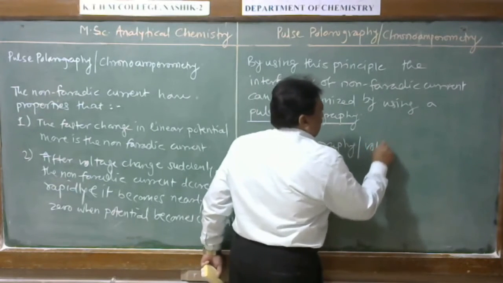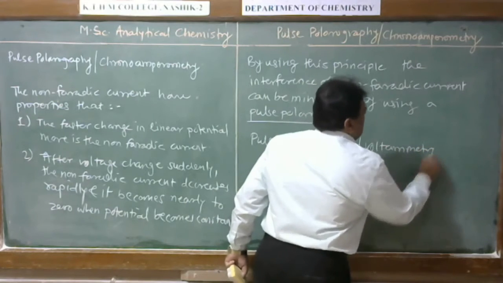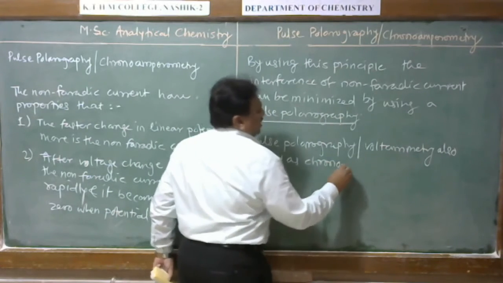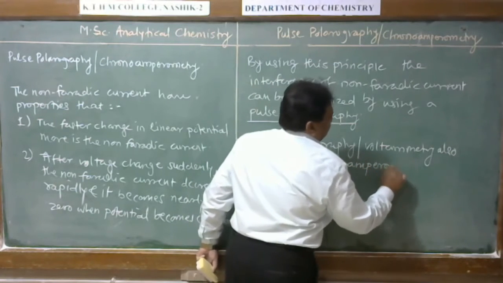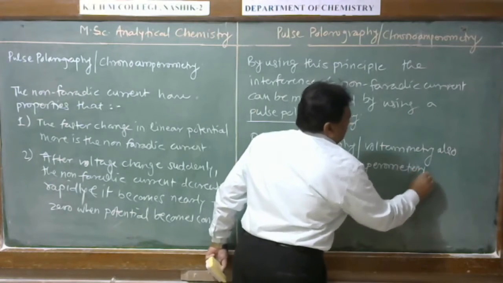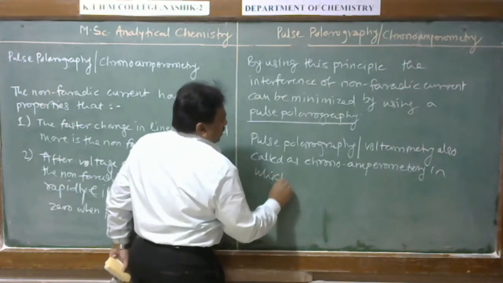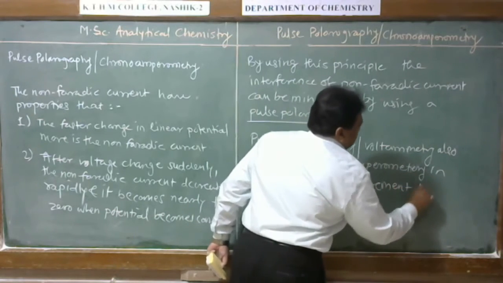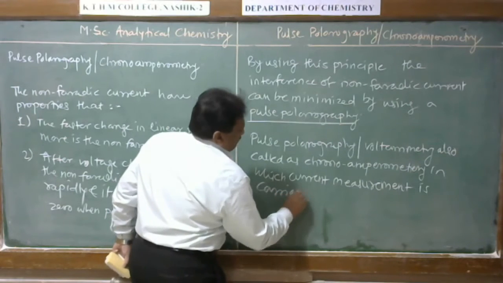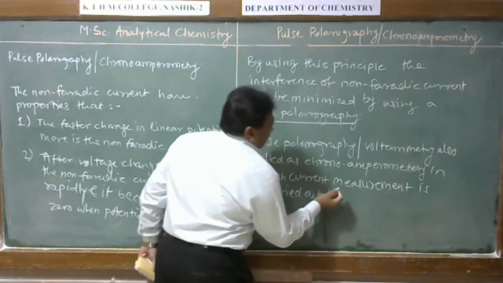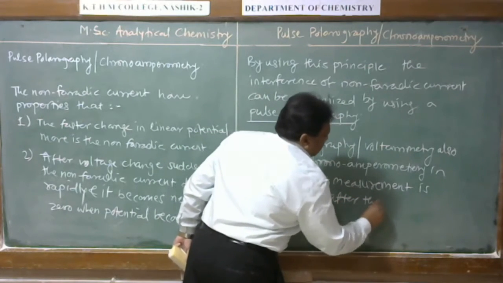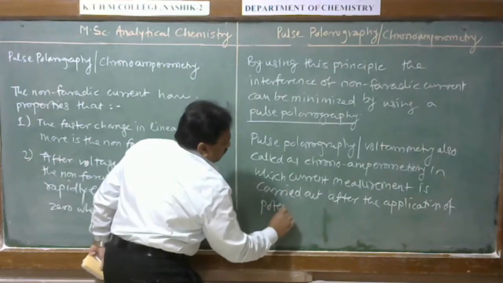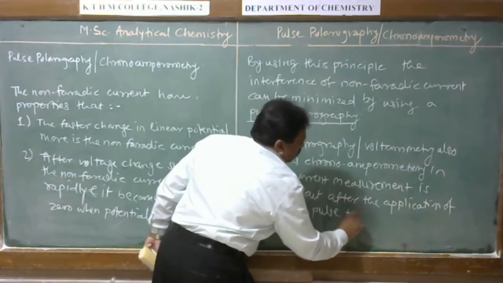The pulse polarography or pulse voltammetry is also called chrono-amperometry, where chrono means time, in which current measurement is carried out after the application of a potential pulse to the working electrode.